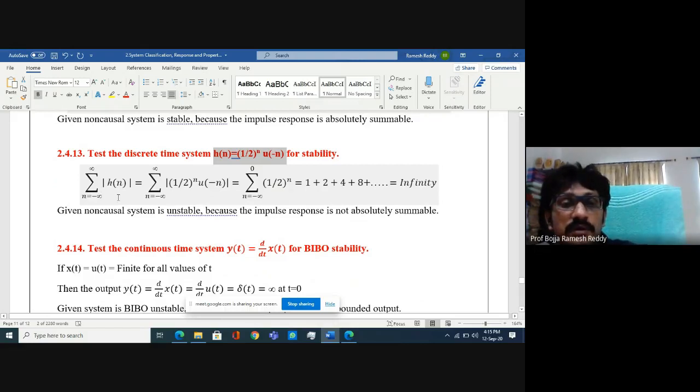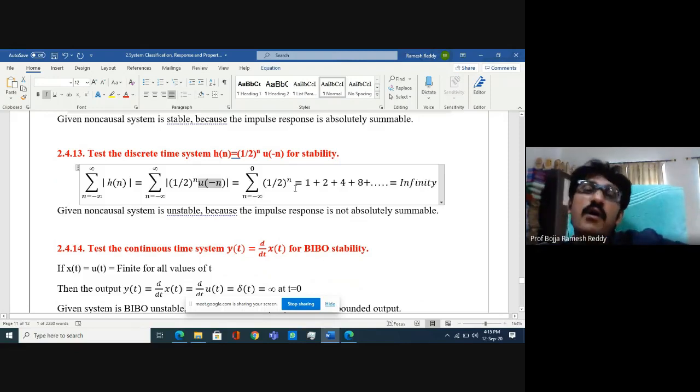Absolute summation of modulus of h of n, half power n u of minus n. U of minus n is 1 when n is negative, so it takes only negative locations. For negative locations, it is half power n. Expand the summation. Put n equal to 0, that is 1, plus 2, plus 4, because for negative values minus 1, minus 2, minus 3, half power minus 1, minus 2, minus 3 and so on, it becomes 1 plus 2 plus 4 plus 8 and so on.